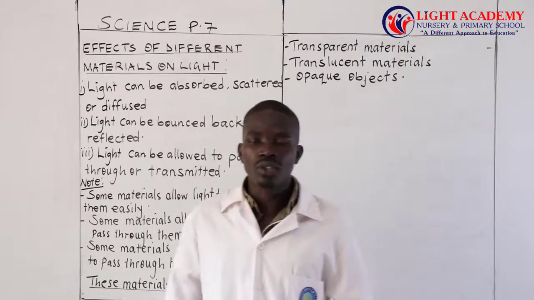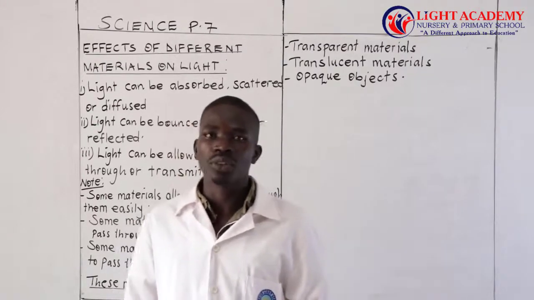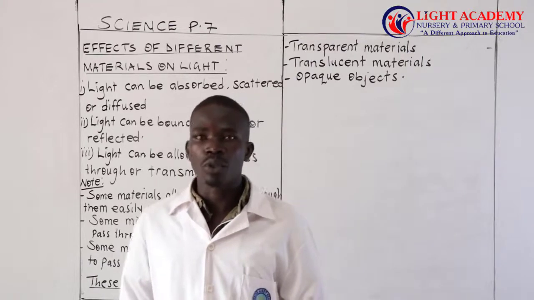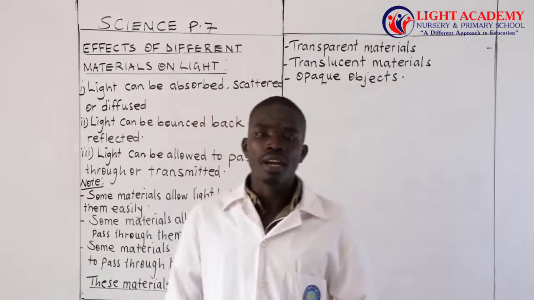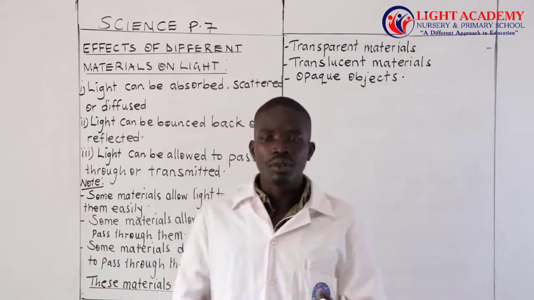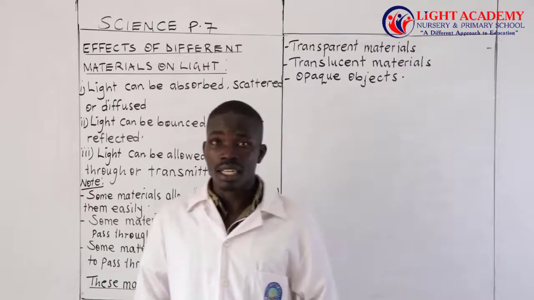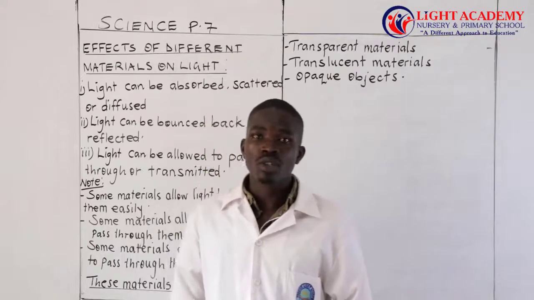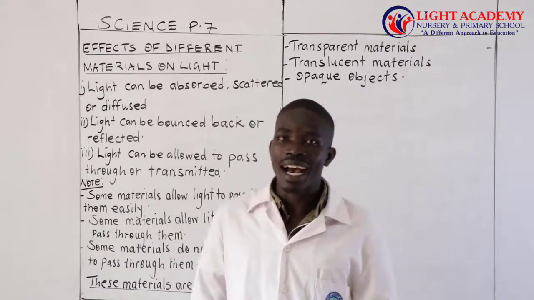We have the sources of light which are natural, those which are produced by nature, and we have the sources of light which are man-made. Then we talked about them. We said that the sun is the main source of light on earth.